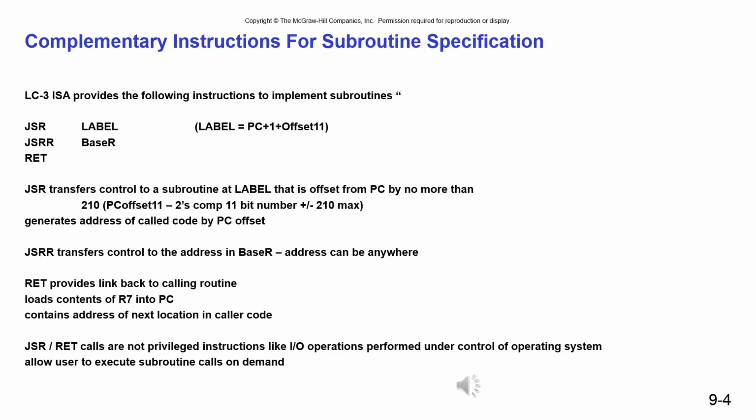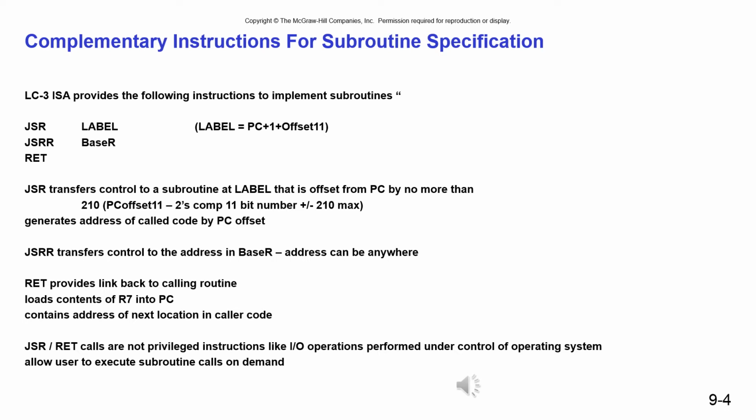Here we have the three instructions we're going to use to implement subroutines. They are JSR, JSRR, and return. And return is really a JMP R7, a hard-coded JMP R7. JSR uses a PC offset, an 11-bit 2's complement value, sign extended to a 16-bit offset, to identify the target address which holds the first instruction in the subroutine.